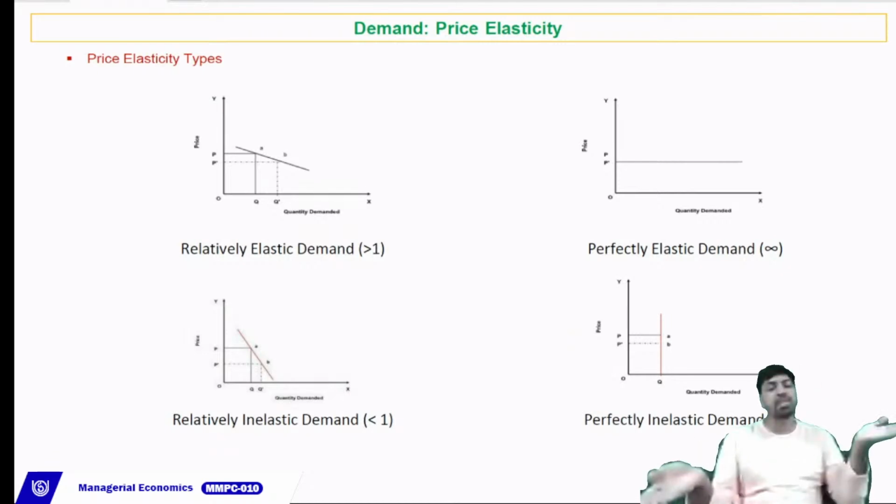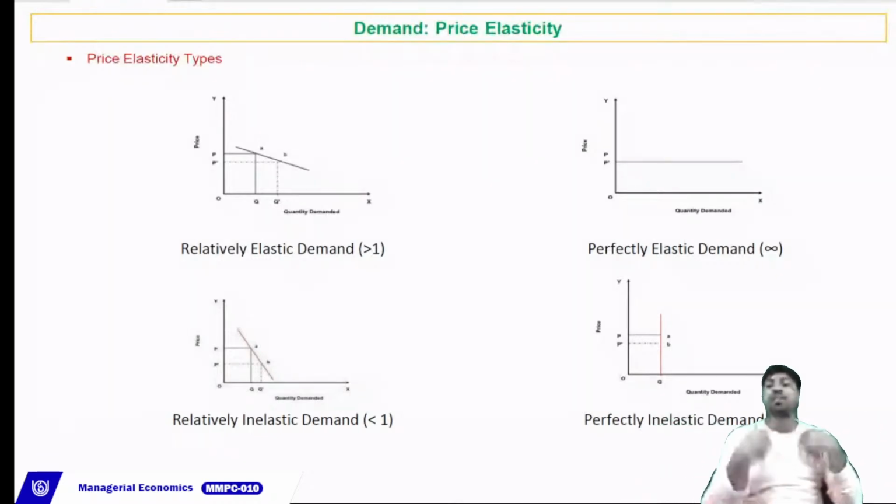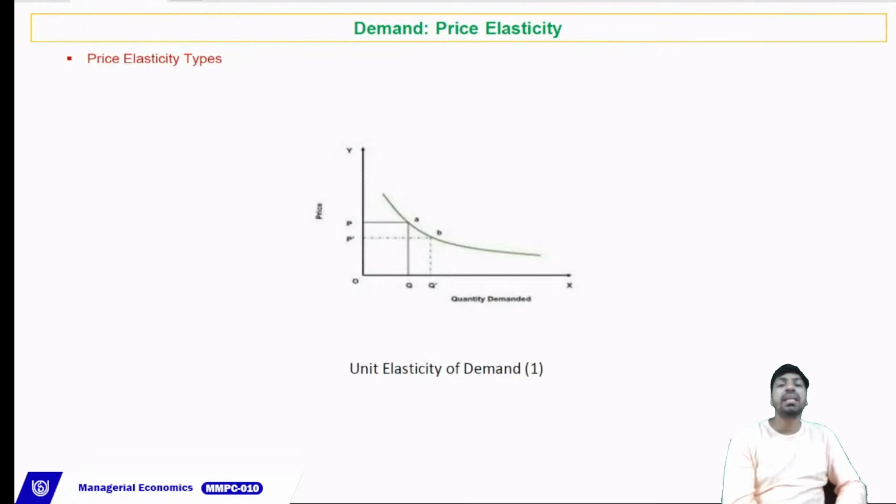Elastic: change in price is less than the change in quantity. When we talk about perfectly inelastic demand, the quantity becomes constant while the price increases or decreases accordingly.